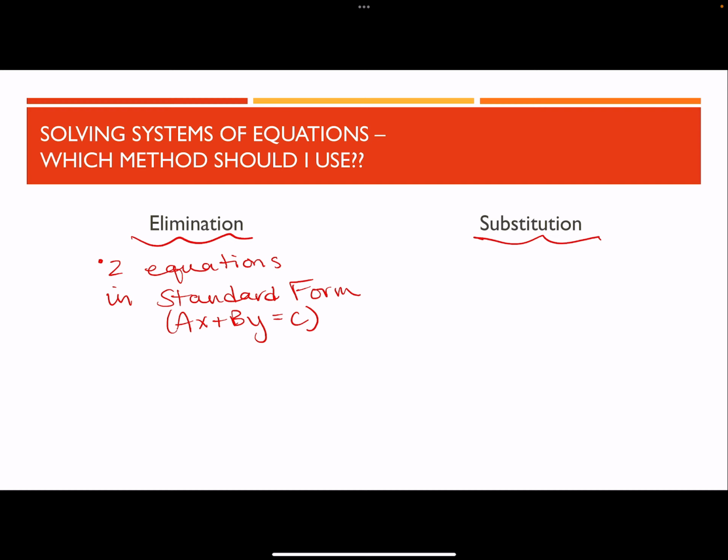Remember, elimination is when you add the two equations together and you want two of your coefficients to be opposite values so that they cancel out.